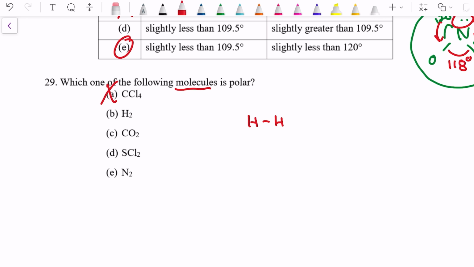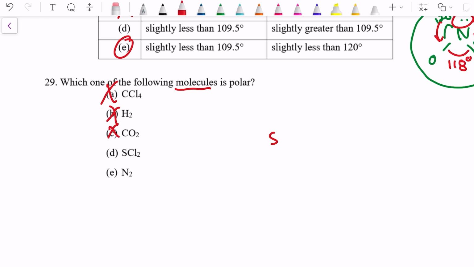Hydrogen has the same electronegativity as hydrogen, so it's not B. Carbon dioxide has a linear shape, and there are no lone pairs once again, so there are no asymmetries here. Essentially the dipole moment on this side is going to be canceled by the dipole moment on that side. Anyways, that might be a little confusing. There are no asymmetries, so not C.